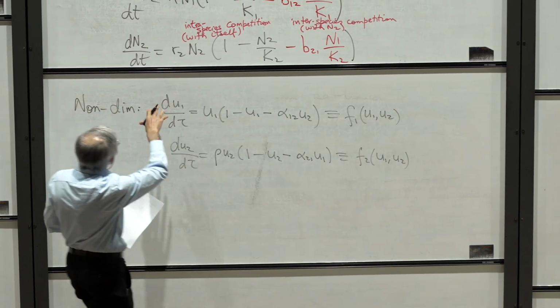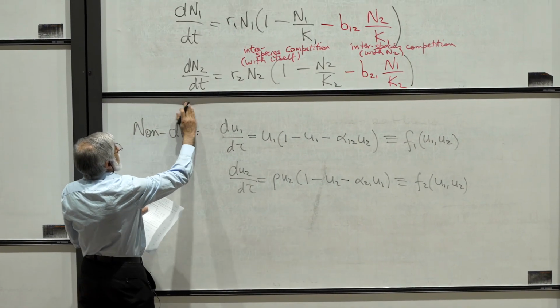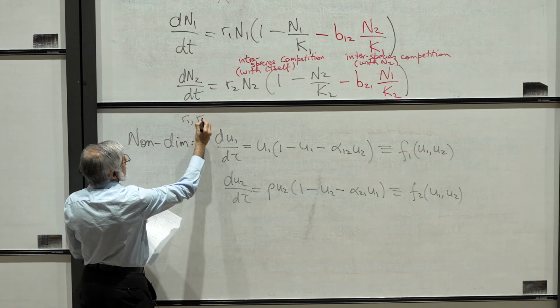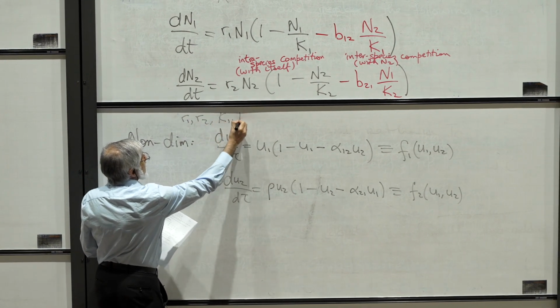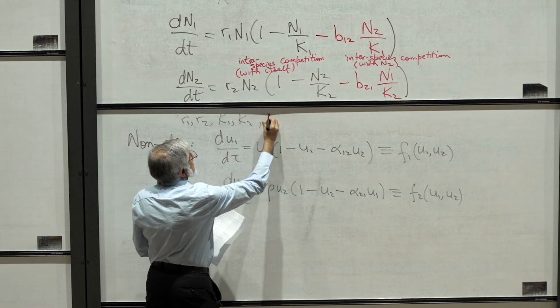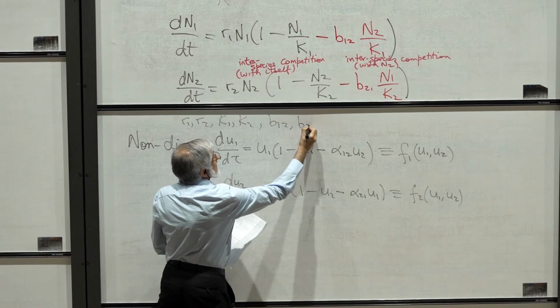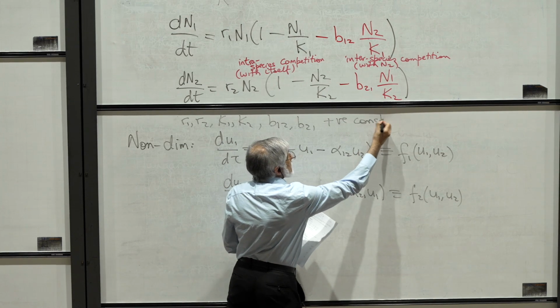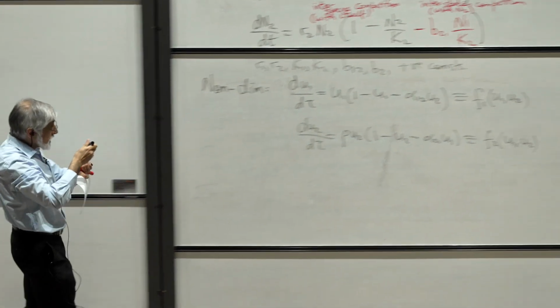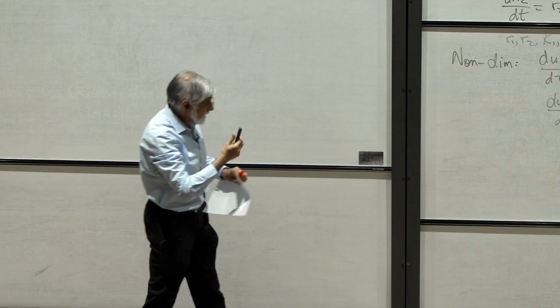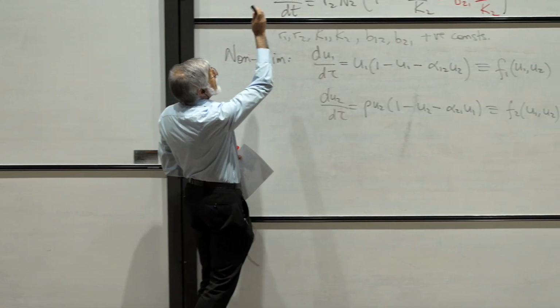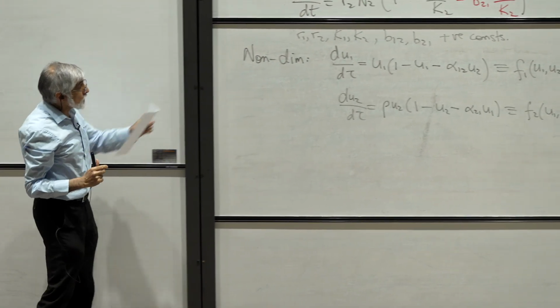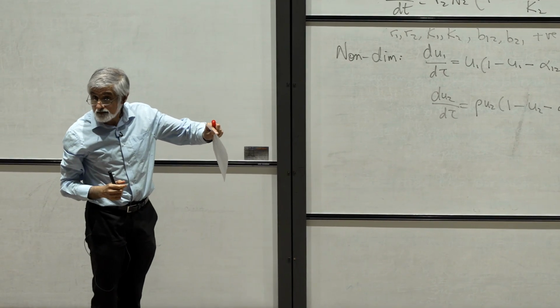One thing I should have mentioned is that all the parameters r1, r2, K1, K2, b12, b21 are positive constants. So there were 6 parameters. We can do 3 scalings, n1, n2, and t, and so we reduce it to 3 parameters.